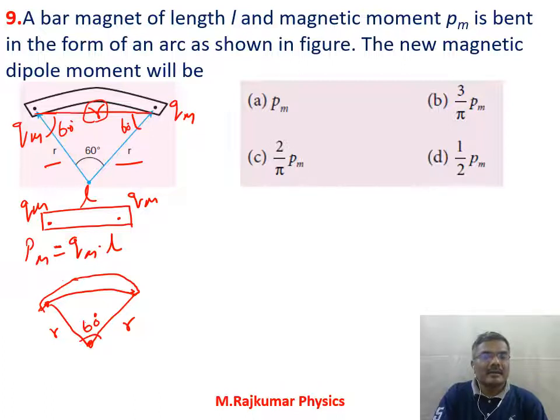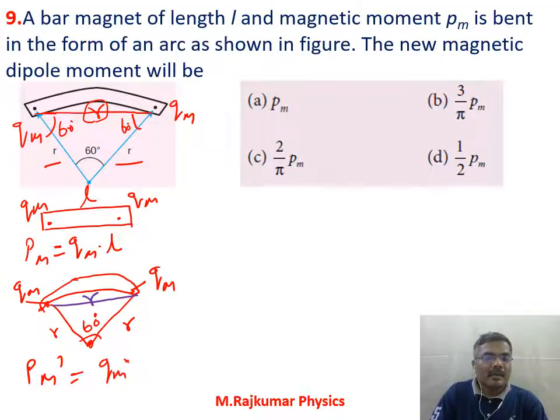So this R, this R, and this also should be R. So the length of this bar magnet will be R. Now the new magnetic moment for the bent magnet, with pole strength Qm and Qm, will be Qm into R.